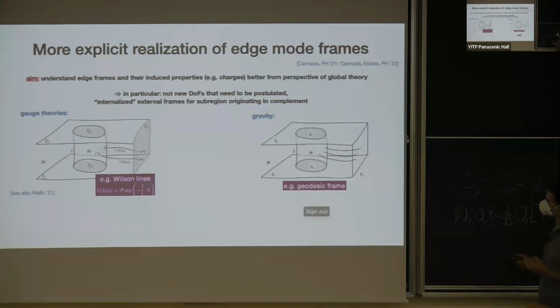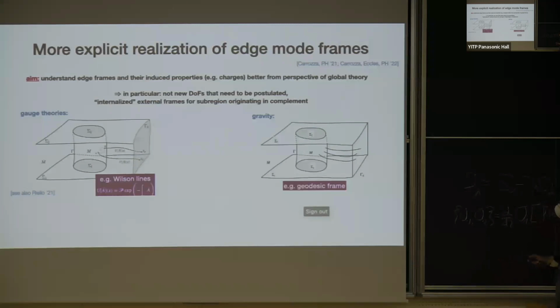In gauge theories, the way you can realize these edge mode fields is by shooting in, let's say, from some asymptotic boundary, Wilson lines that end on the finite boundary that you actually care about. And then, really similar to what I explained in some of the earlier slides, that gives you a group valued field on the finite boundary. And in fact, it turns out it really satisfies all the conditions that you would want.